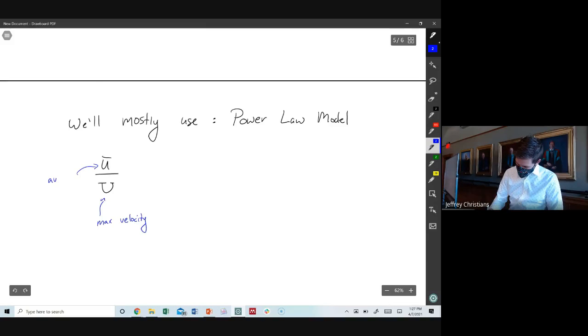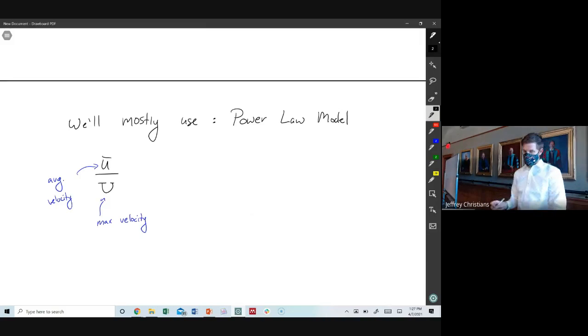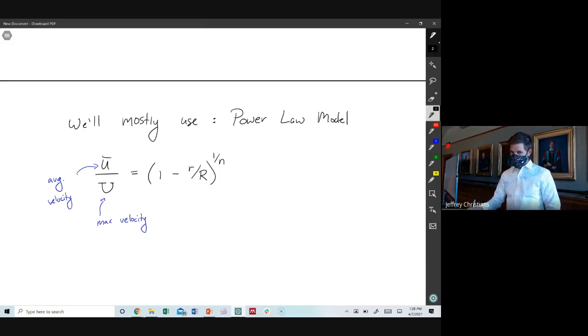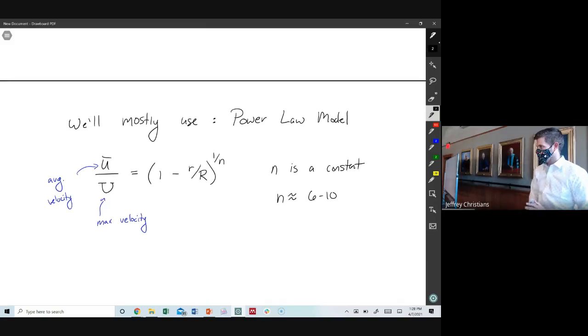U bar is the average velocity. So we're always stuck dealing in averages. This is equal to 1 minus r over big R to the 1 over n, where n is a constant, usually something like 6 to 10.